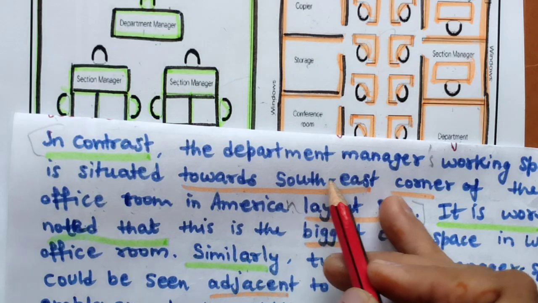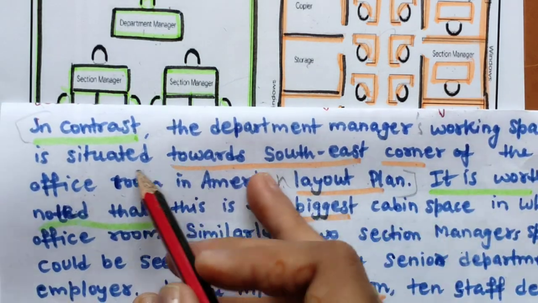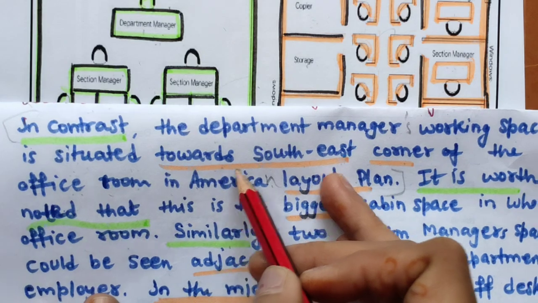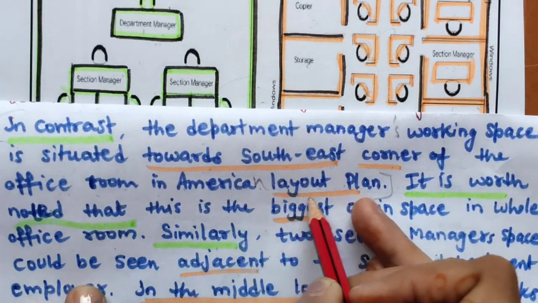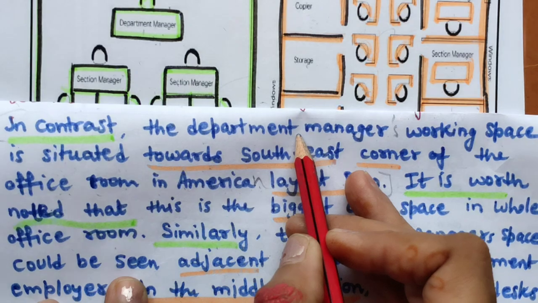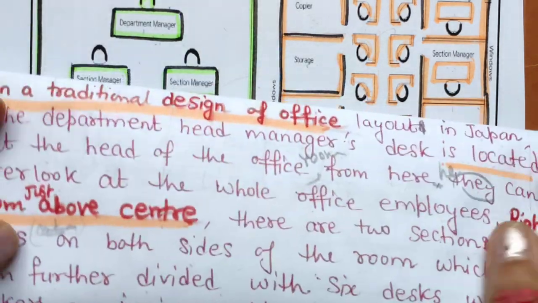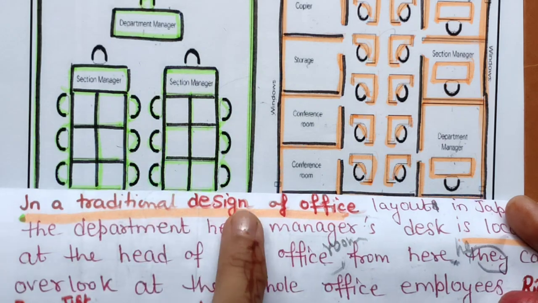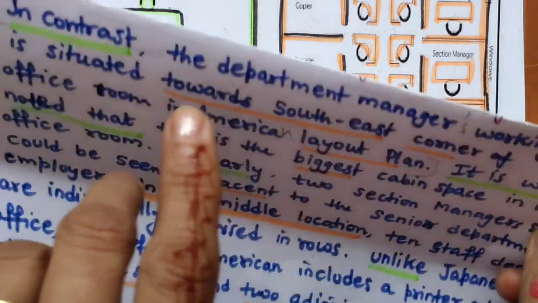So the department manager's working space, or cabin you can say, is situated towards the southeast corner of the office room in the American layout. Now I have started with the main thing, but previously I started with the Japanese one, so you can change the sentence structure also.